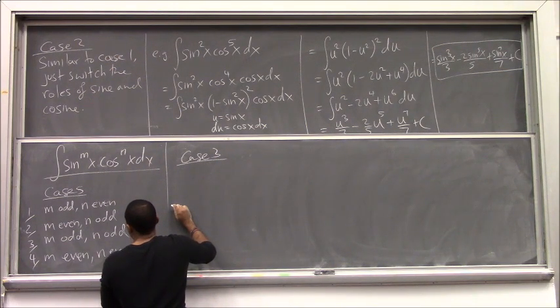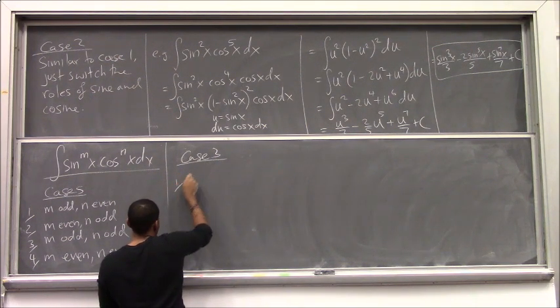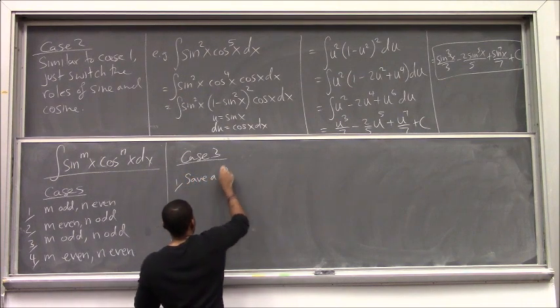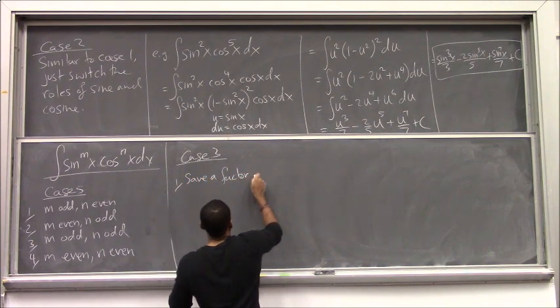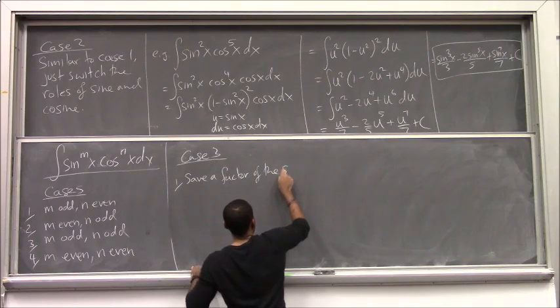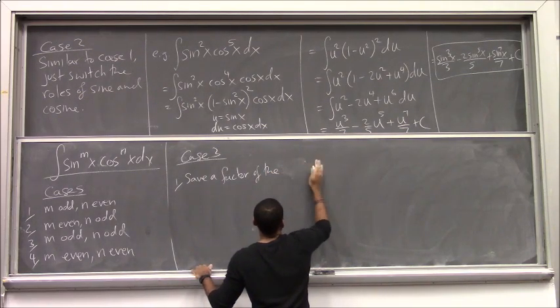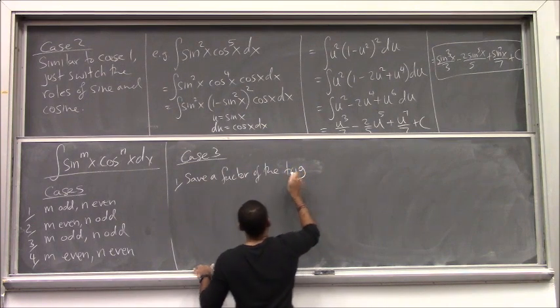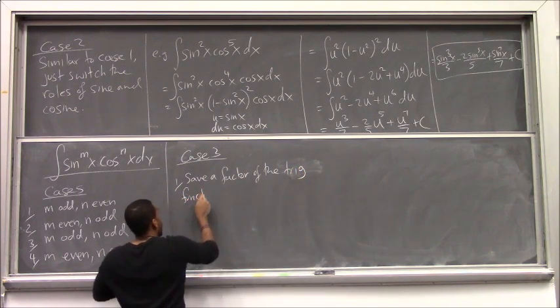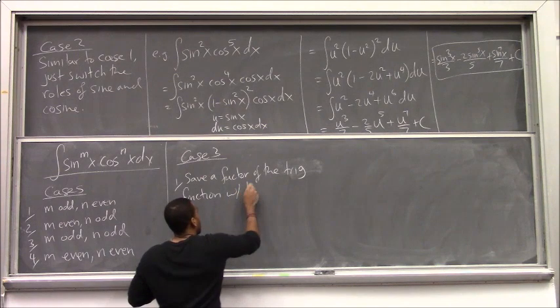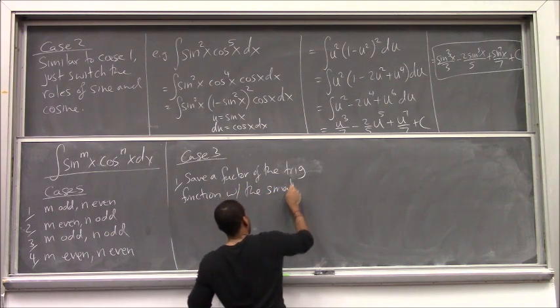So if both are odd, step 1, you save a factor of the trig function with the smaller power.